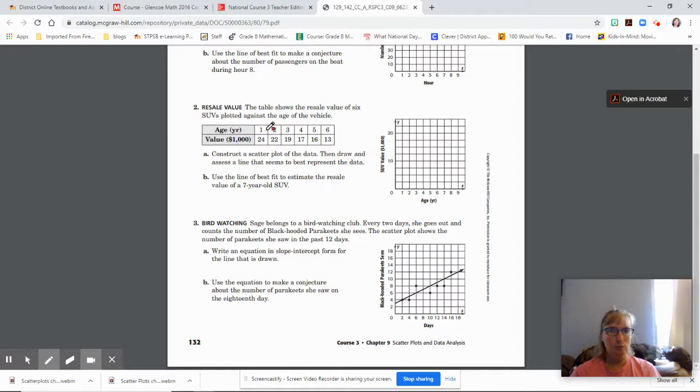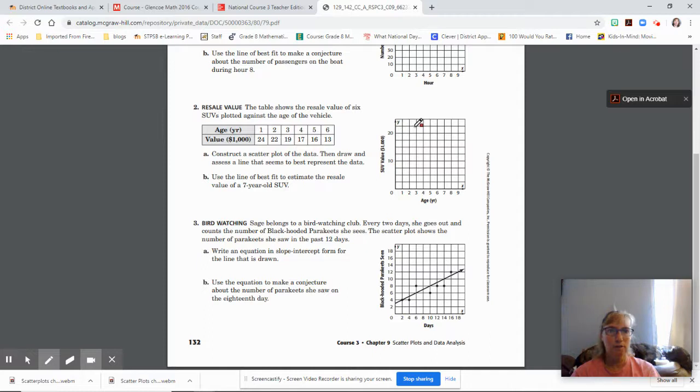Okay, at 1 year, our value is 24,000. Notice our values: 2, 4, 6, 8, no, so this is 5 here, so this is 15 here, so this is 22 and a half.